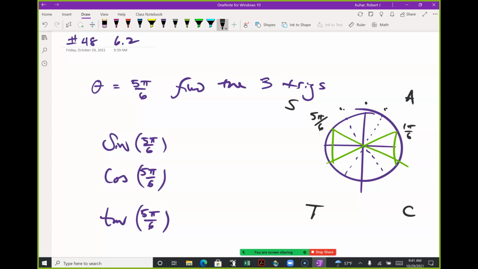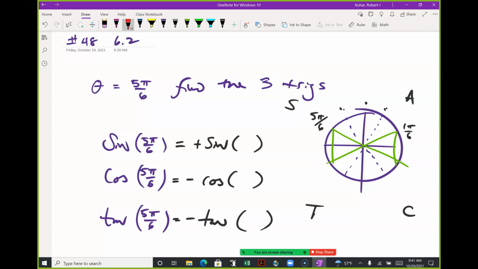It's also all school teachers curse. Hopefully not in the class. I think I have a couple of times, but so all students take calculus. So I know I'm in the quadrant where only sine is positive, right? So I'm going to have a positive sine here, right? And I'm going to have a negative cosine here, right? Is everybody with me? And a negative tangent here. And what's my reference angle?